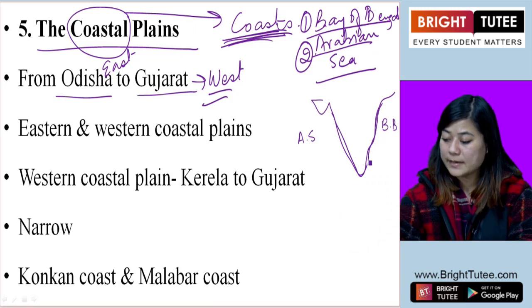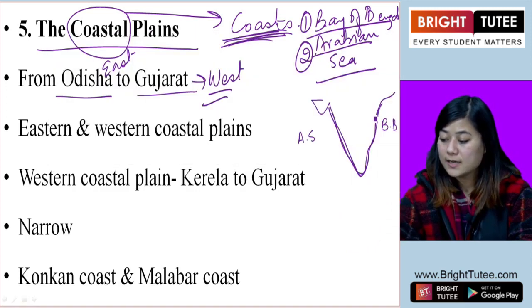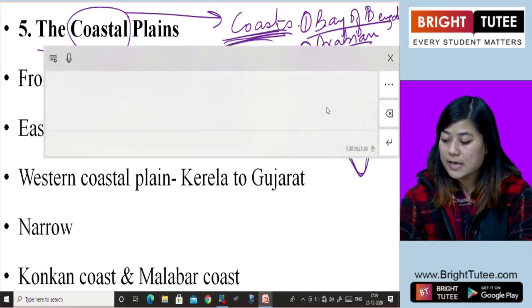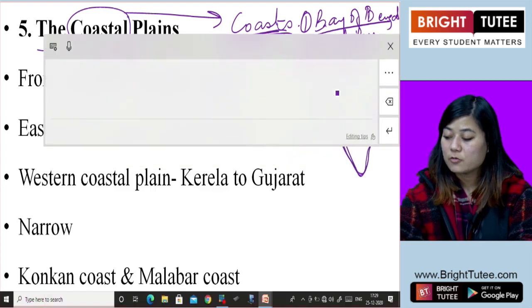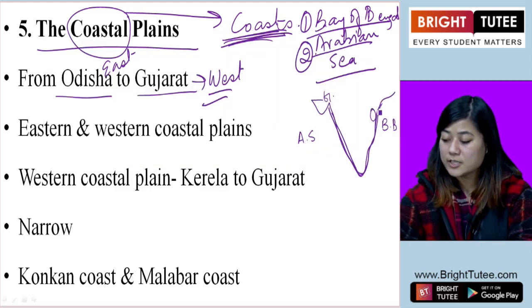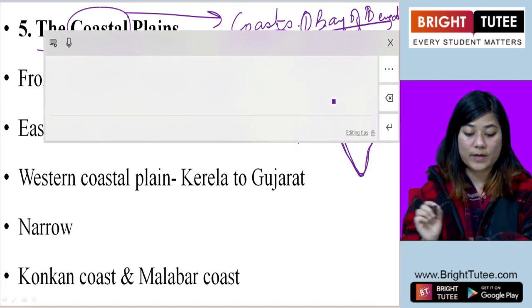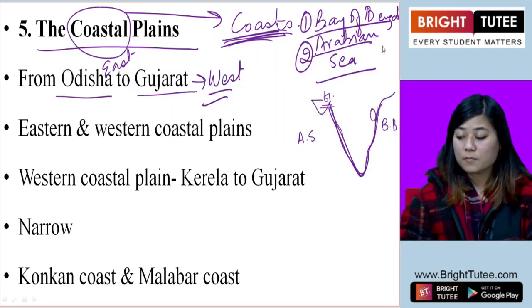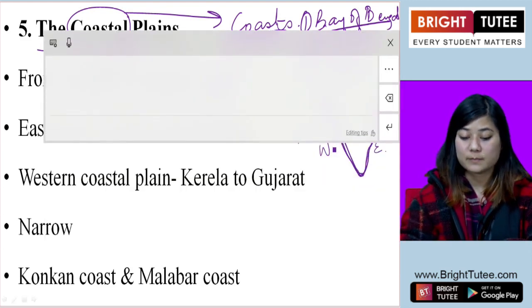And the coastal plains lie along these two water bodies. Orissa is here and this is the state of Gujarat. So the coastal plains stretch from Orissa in the east all along the peninsular part of the country to Gujarat in the west. So it forms the eastern coastal plains and the western coastal plains.